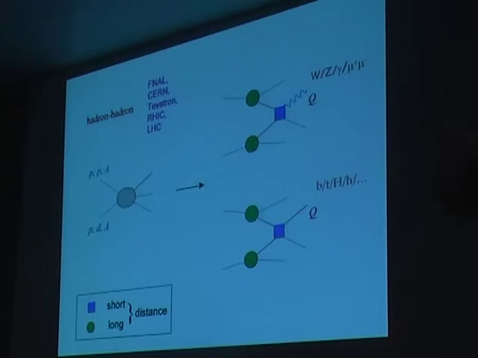And then, of course, for hadron colliders, we can have standard model processes such as p pbar or pp going into W, Z, gamma or Drell-Yan pairs, or the bottom, top, Higgs and extra dimension particles, whatever.